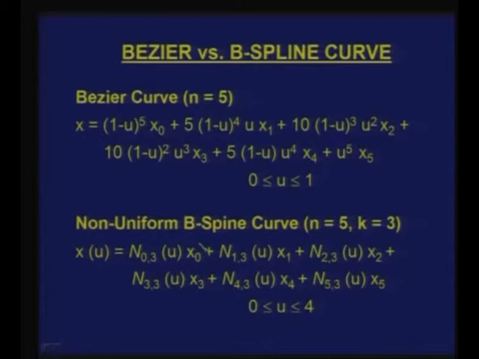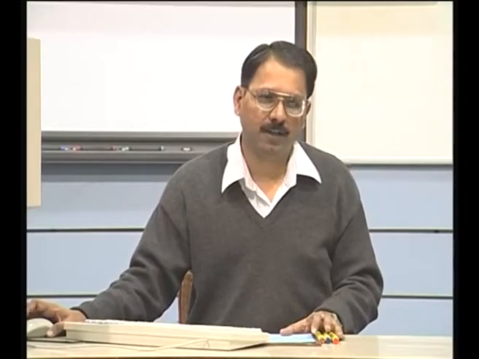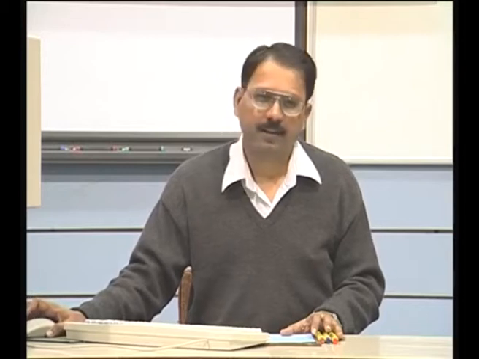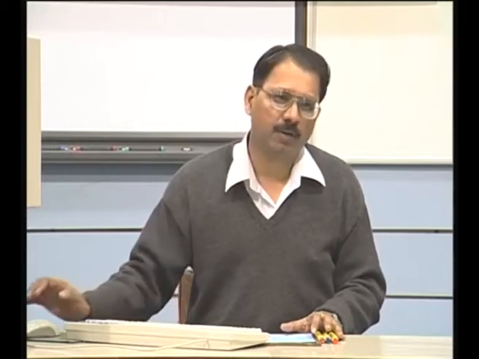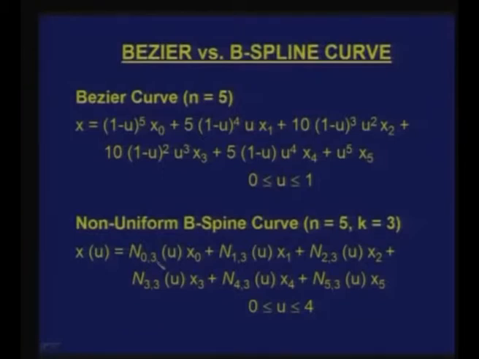Let us look at the definition for a non-uniform B-spline curve. Here not only do I give the control points, but I also have to supply the k which I have selected. Let us say I have selected k is equal to 3, which gives me a slope continuity. Then, as we have seen in our earlier equation, I have the B-spline basis functions multiplied with the coordinates.